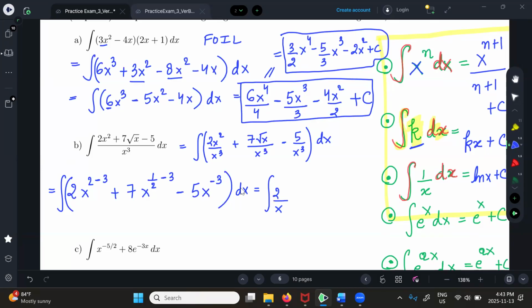Exactly. Because that's a special case. You cannot do the power rule there. Even if you try to, it will not work, okay? You will know that you have made a mistake. What about 1/2 minus 3? Negative 5 over 2. And this is just 5x to the power negative 3, right?